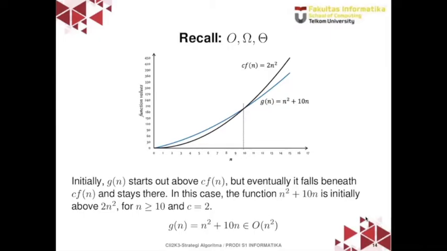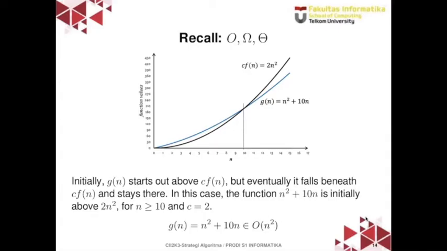So if we see the graphic here, initially we have Gn, the blue line. Initially Gn starts out above Cfn, but eventually it falls beneath Cfn and stays there.